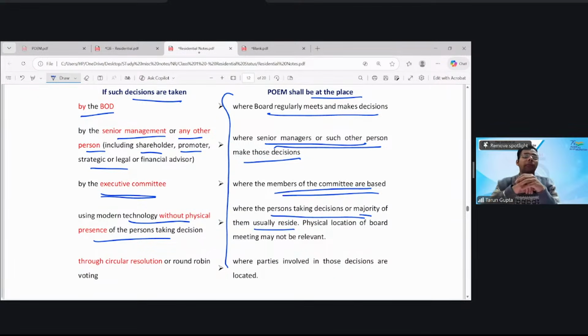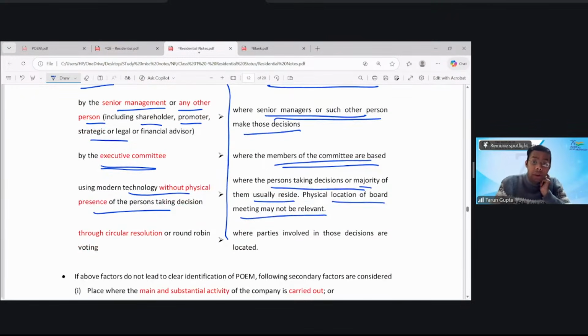What happens if people are not physically meeting and they are deciding through VC or through phone, whatever? Then the poem is where they reside, or where the majority of them reside. Physical location of the board meeting may not be relevant. If decisions are taken through circular resolution or round robin voting, it is where the parties involved in those decisions are located.